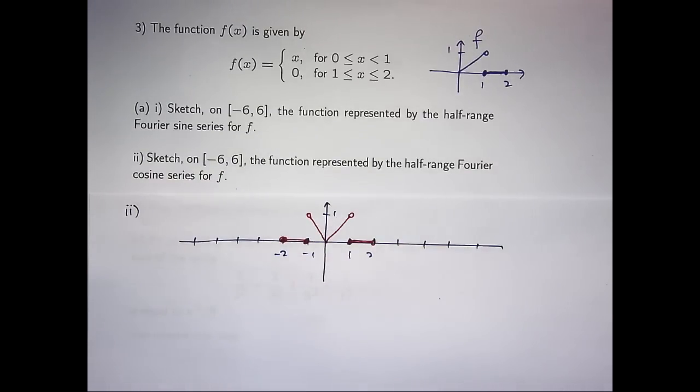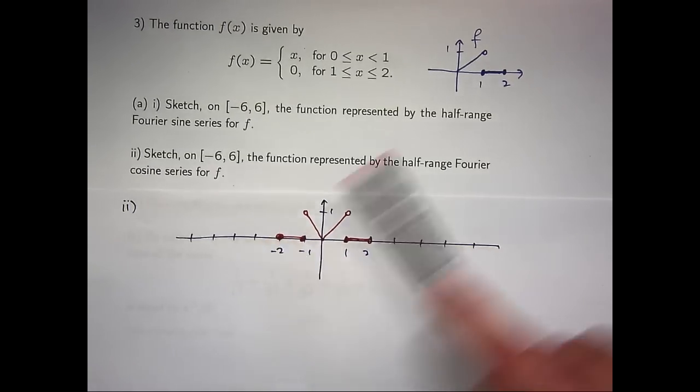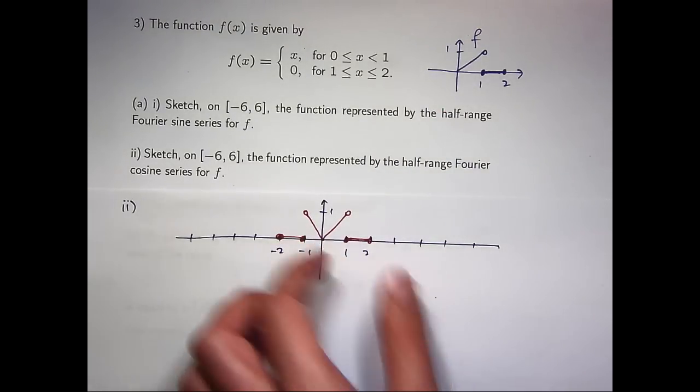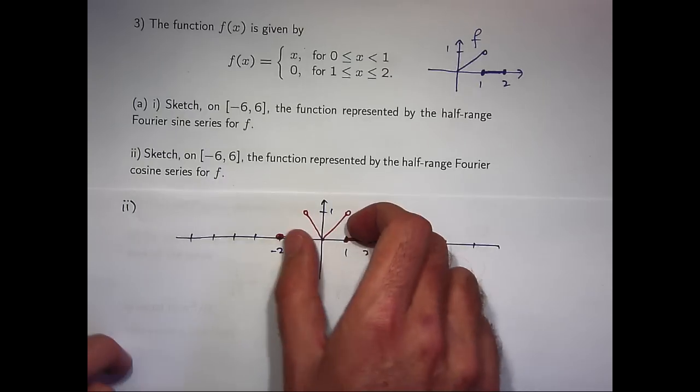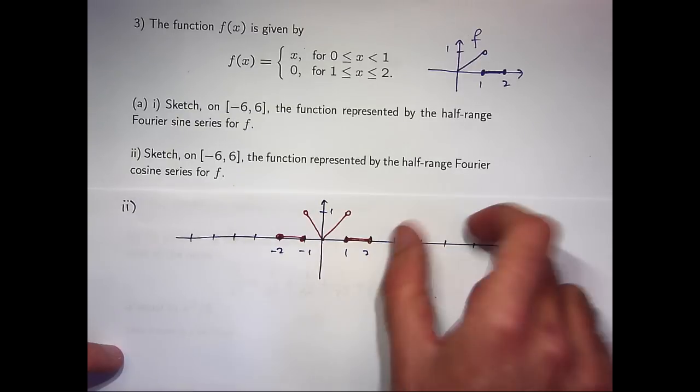And now what we want to do is make it periodic. Okay, so you copy that, you paste it. Now, technically speaking, I probably should have one like that circle open, but it doesn't matter because this is going to sort of fill in that anyway. Okay, so it doesn't change anything. So take this, copy it, move it 4 units and paste it. Copy it, move it 4 units and paste it.